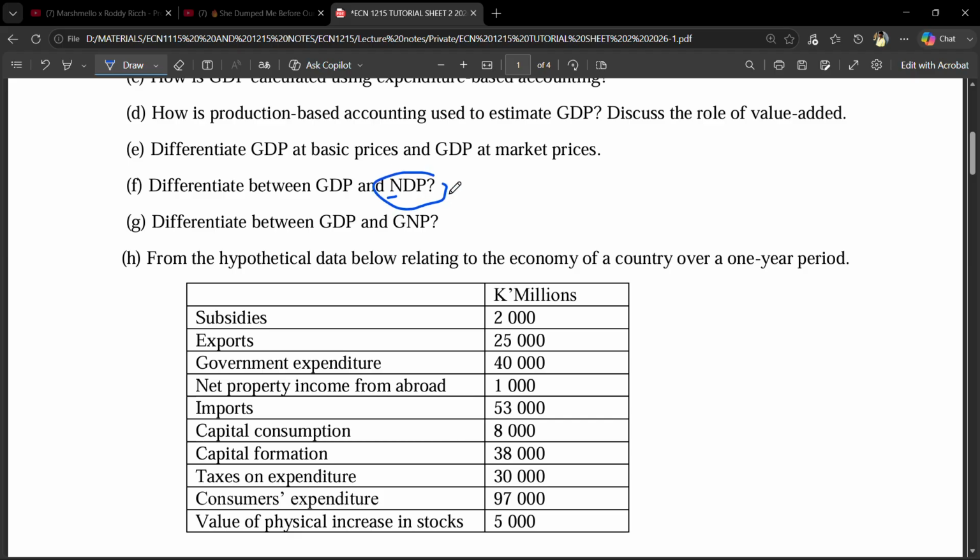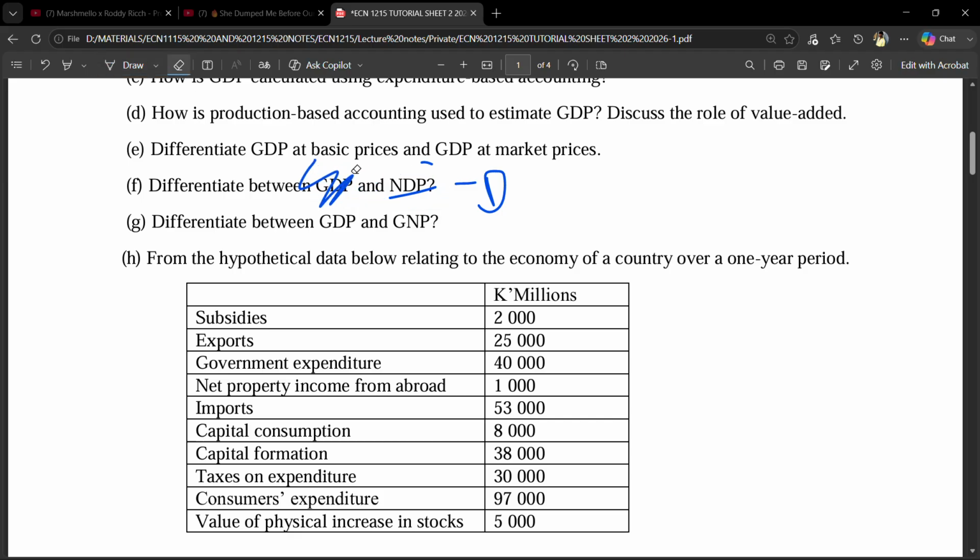We subtract depreciation from the GDP that we have. So to find this, we simply subtract GDP minus depreciation, and we find the net domestic product. If we are going to find GDP from net domestic product, we add depreciation to this and we find GDP. Okay, I hope that has made sense.